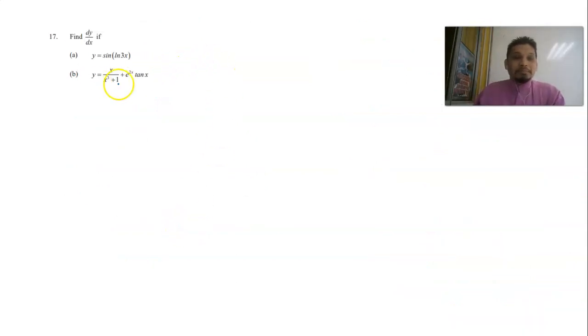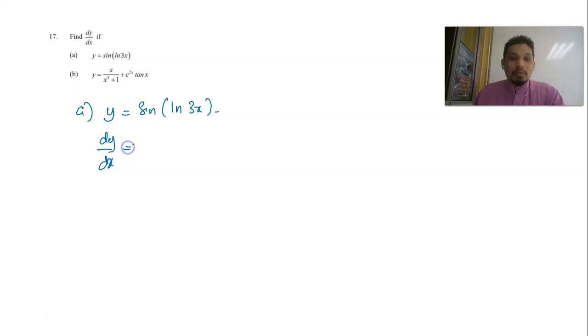Okay, now find dy dx for each of these. So for A, y equal to sine natural log of 3x. So then dy dx equal to differentiate one by one from outside to inside.